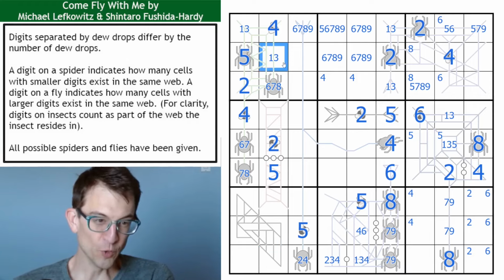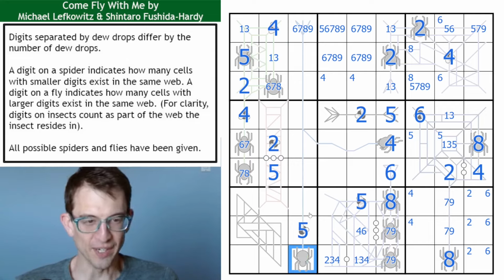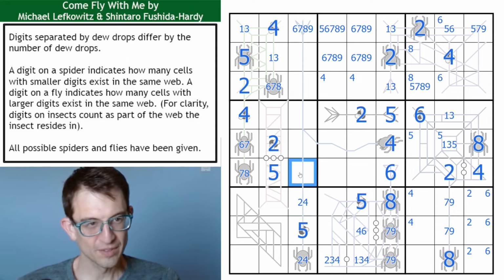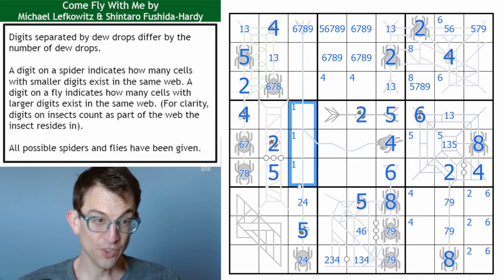Oh, hold on, 2 and 4 both look down here. So this is actually a 2-4 pair, which is a little bit weird. There's definitely a 1 here. And there's definitely a 3 here because 3 is also not in this column.